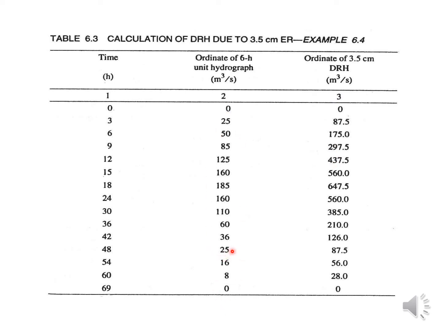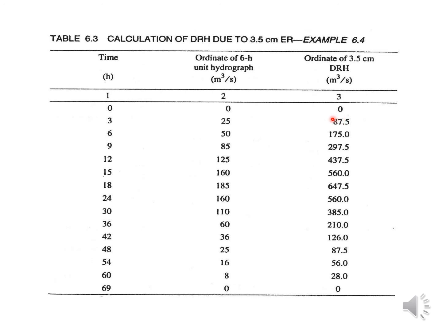For example, when the coordinate of the 6-hour unit hydrograph is 25, and if we multiply this 25 by 3.5, we will get the coordinate of the 3.5 cm DRH as 87.5.